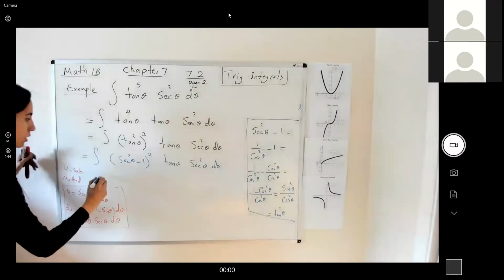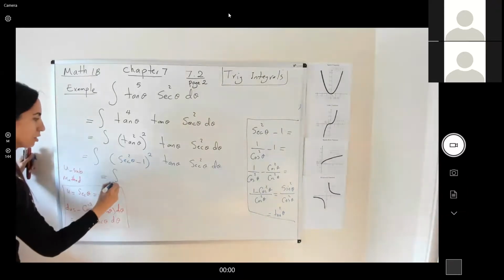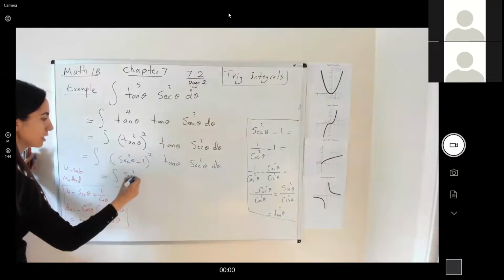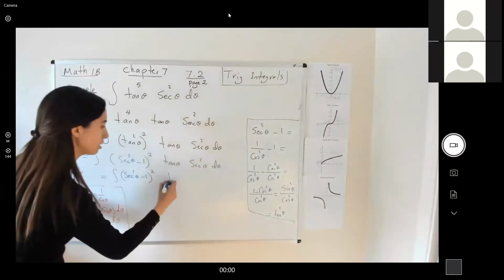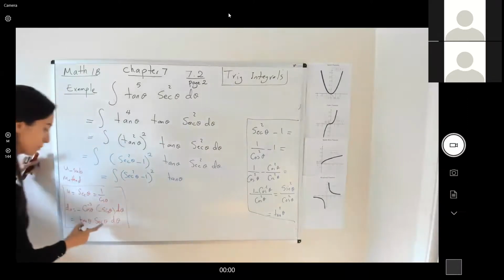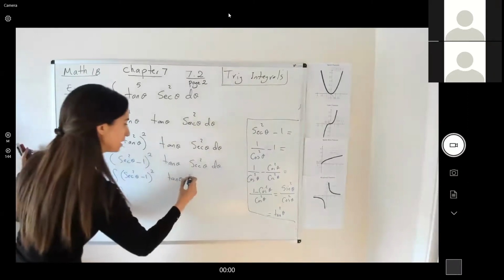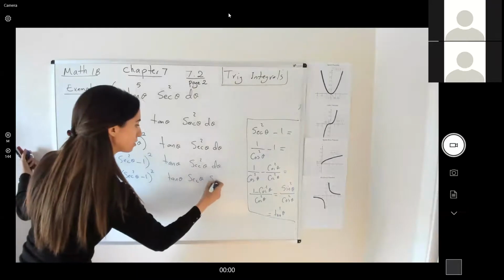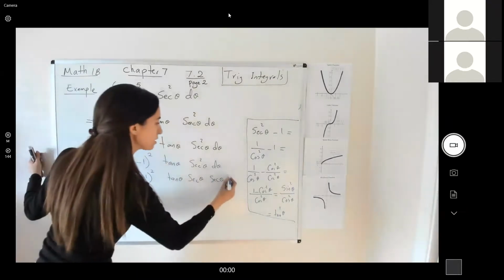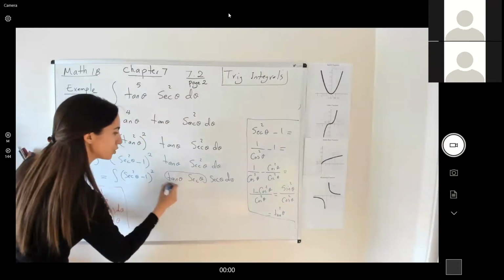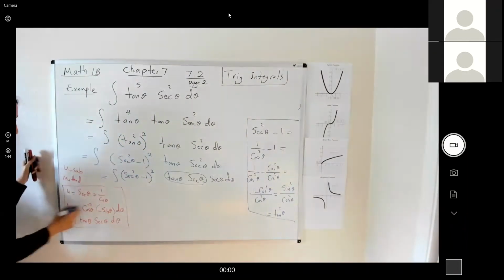Perfect. So here you get the integral of secant squared theta minus 1 raised to the second. You need one tangent and one secant. So we separate these into secant times secant because we need these two as du.